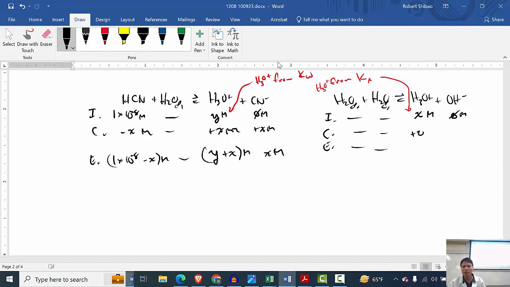And then we'll let this equilibrate, so this is going to be plus Y molar, plus Y molar. So at equilibrium, I'm going to have X plus Y molar hydronium and then Y molar hydroxide. So now we have 2 unknowns, X and Y. And we can generate 2 equations, so try to solve this for X and Y.